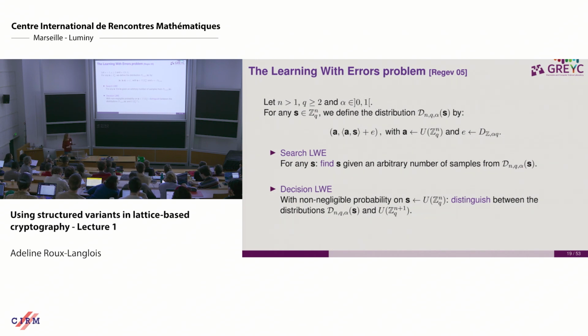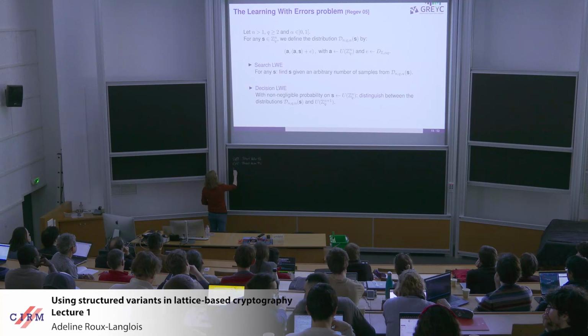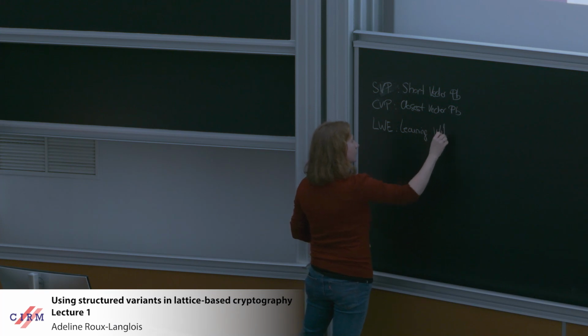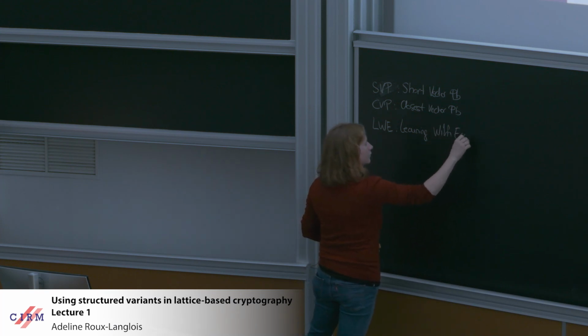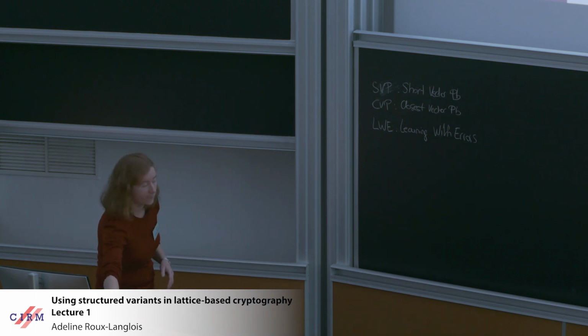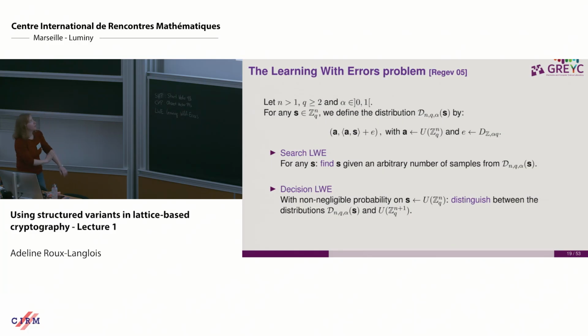So now we can define properly the learning with errors problem, LWE. I have several parameters. N will be the dimension of the secret, Q the modulus, and alpha will be the parameter of the Gaussian.